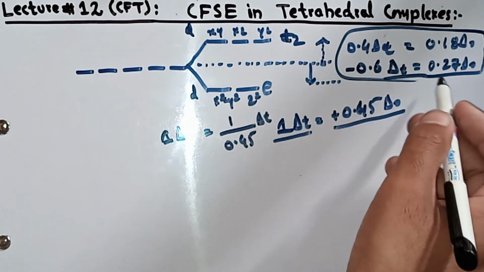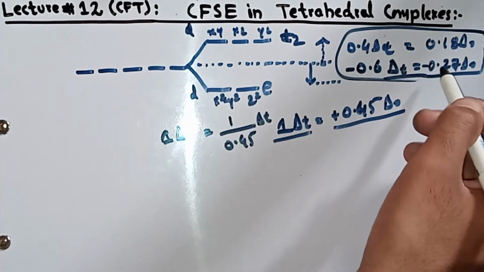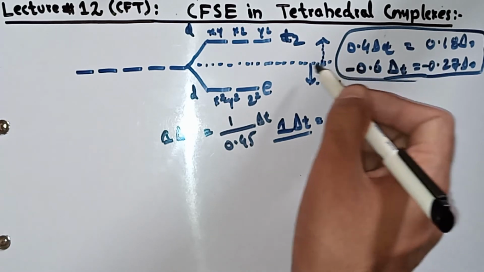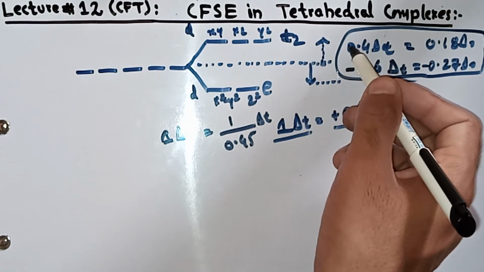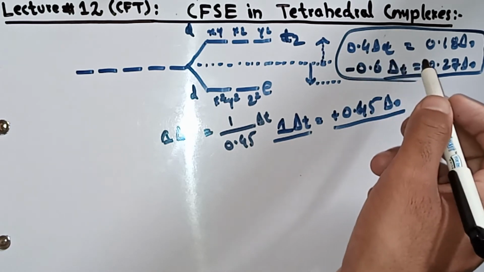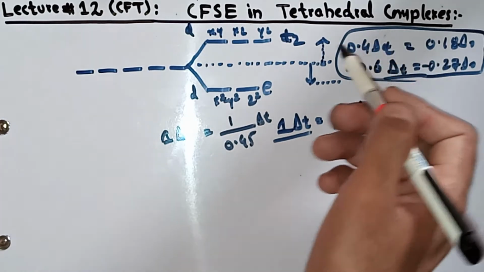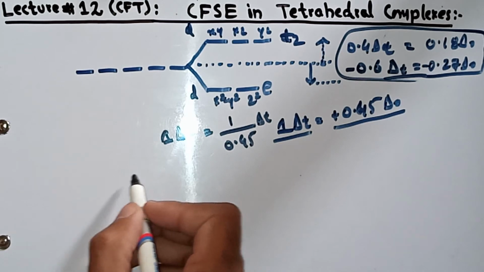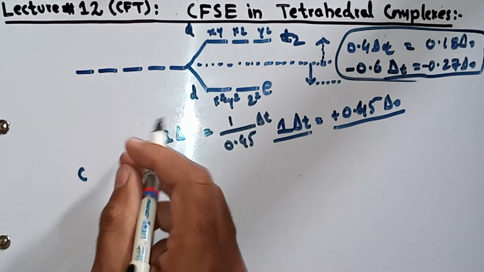So the E set has energy decreased by minus 0.27 delta naught, or 0.6 delta t, and the T2 set has energy increased by 0.4 delta t, or by 0.18 delta naught. Is that clear?